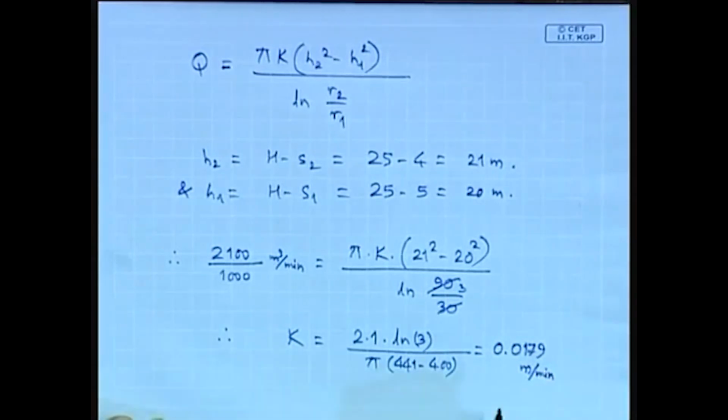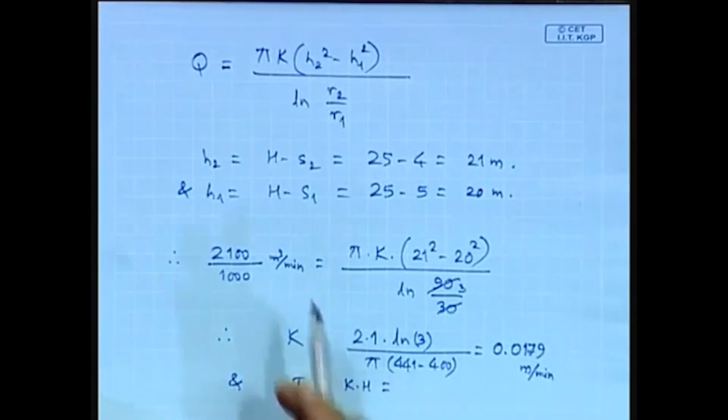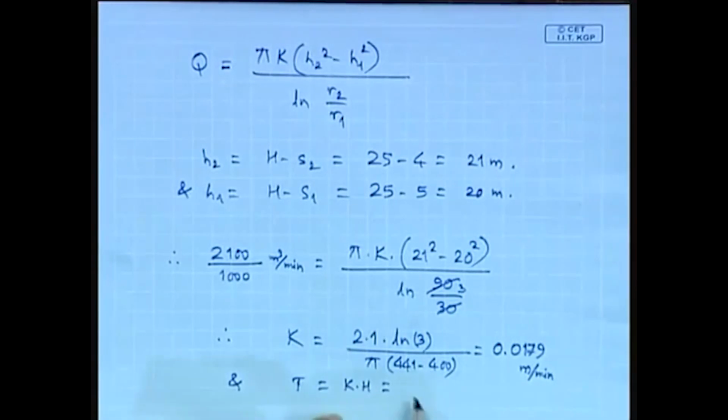and the transmissivity T is simply given by K times H. So, this into H is 25. So, this will be 0.448 meter square per minute. So, these are the answers.